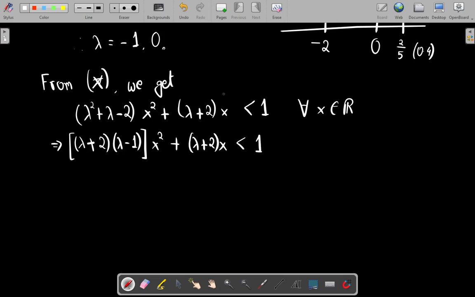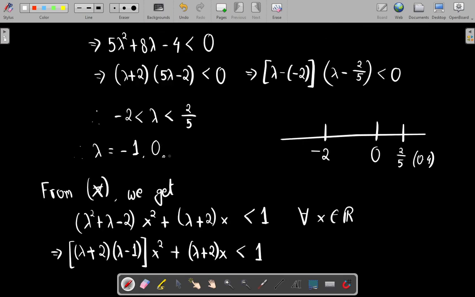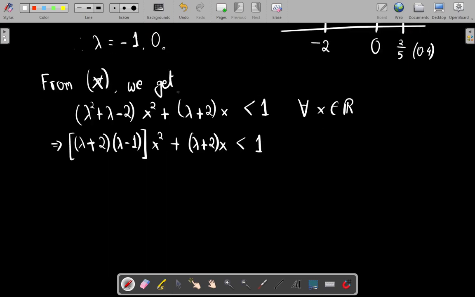Now we got two integral values of lambda, right? Same two values, -1 and 0. These two values are true, correct. Now if I look at this equation, if I take lambda equal to -2, we see what happens. This term will become -2 plus 2 times -2 minus 1, times x square, plus -2 plus 2 times x.